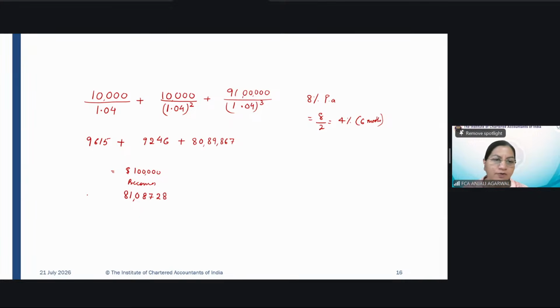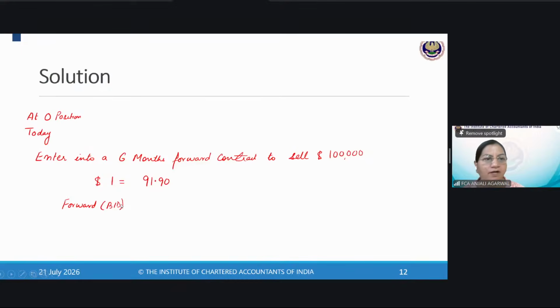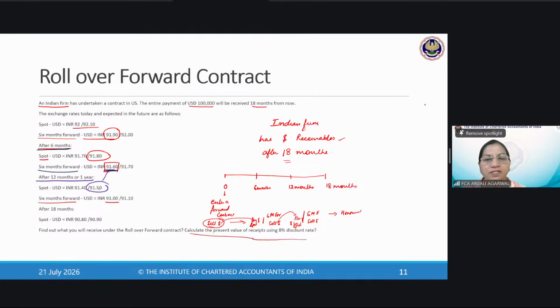So the present value of 92 lakh, which was to be received, or 100,000, which is to be received after 18 months, is 81 lakh 8,000.